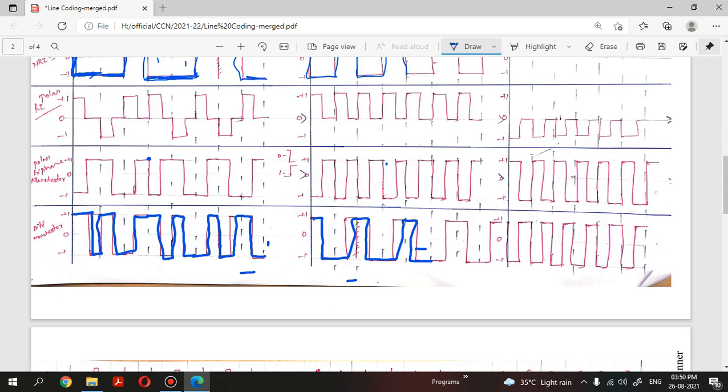Whereas in case of consistent zeros, each time I need to invert. So this mechanism will not cause baseline wandering and DC component problem, right? So this is the widely used mechanism right now in TCP/IP architecture, right? Earlier it was done with a different mechanism, but the very widely used line coding mechanism now is differential Manchester encoding, right?